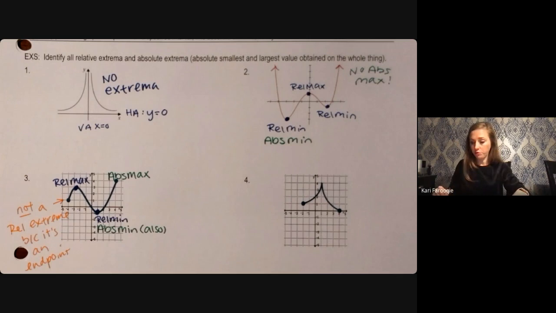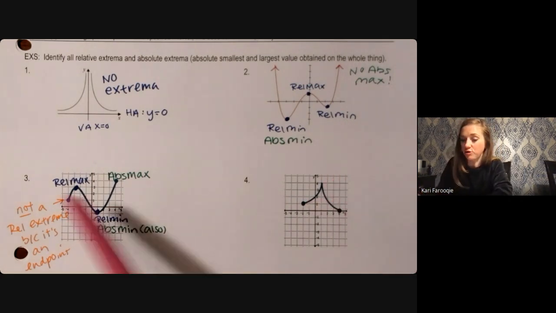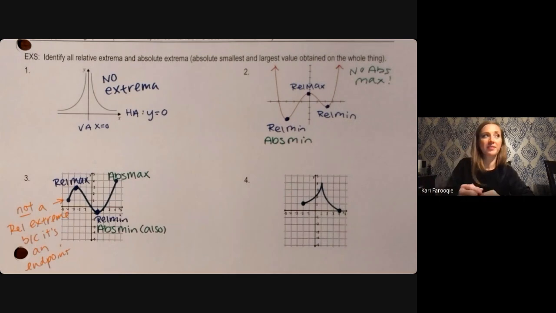As far as the fourth graph is concerned, we can look for relative extrema first because that's the first thing that's easy to spot. Now, it's a little bit harder to spot those for graphs that don't have that traditional curvy shape. So we'll still look and see if we have this relative extreme value.